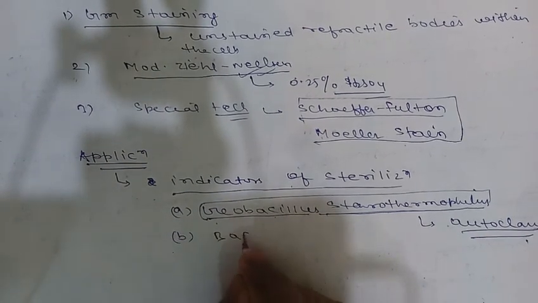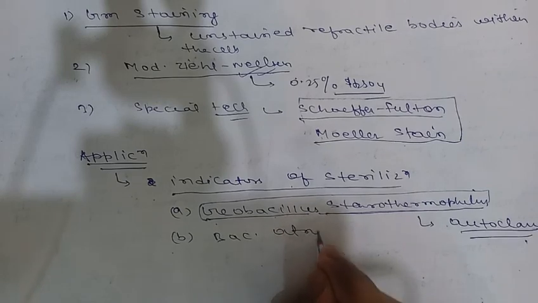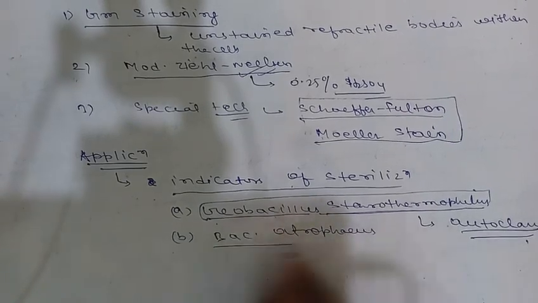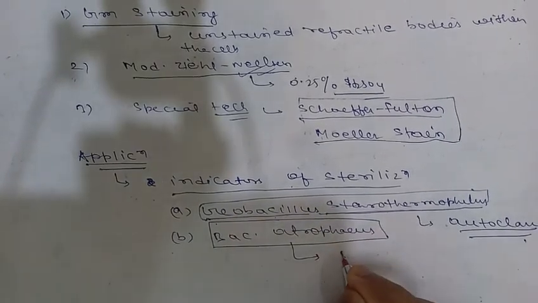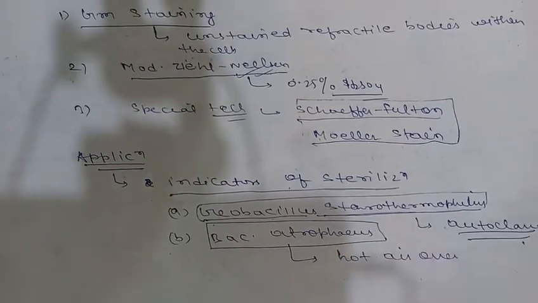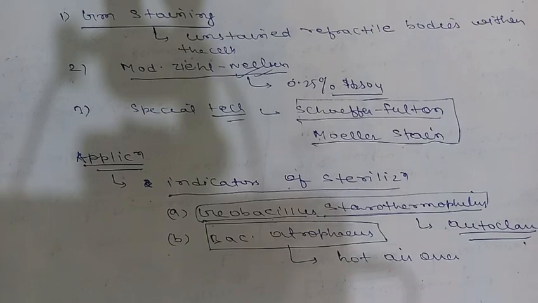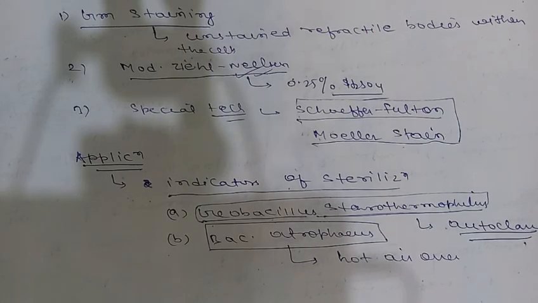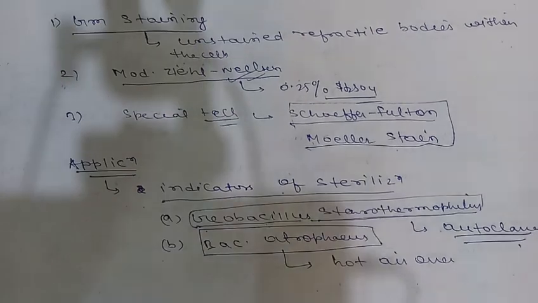Next, spores of Bacillus atrophaeus are used as sterilization control in the hot air oven. So for the autoclave you use Geobacillus stearothermophilus, and for the hot air oven you look for Bacillus atrophaeus as the sterilization indicator.